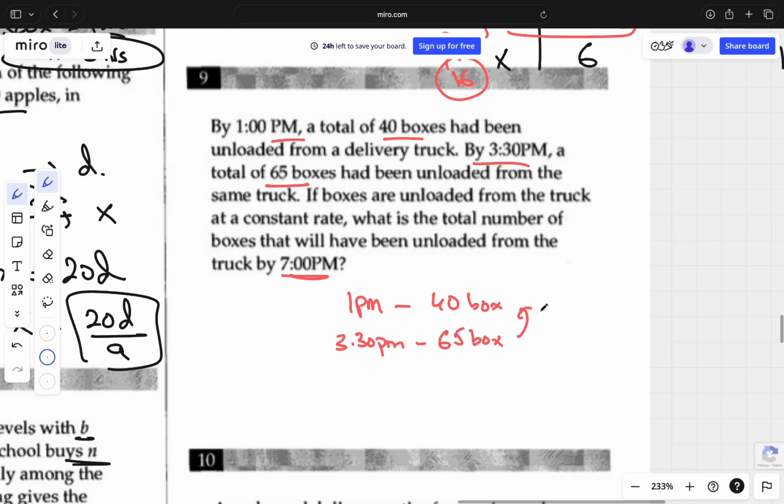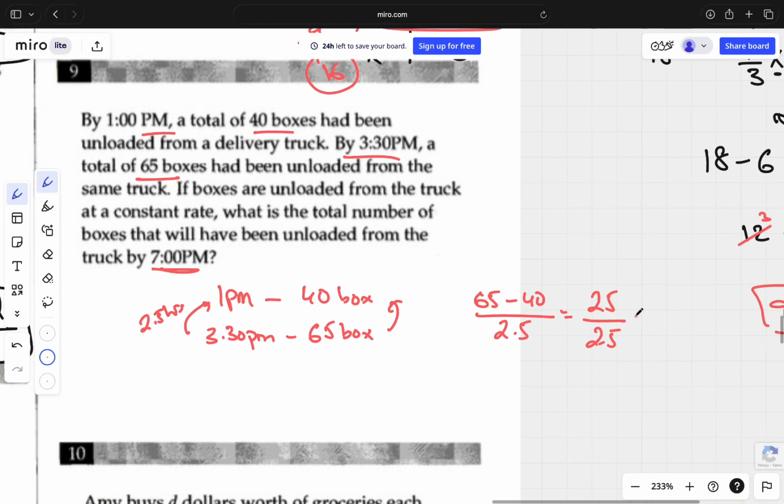So the difference is 25, so 65 minus 40, and then we have 3:30 minus 1 p.m. which is 2.5 hours. That's the difference. So this gives us 25 boxes in 2.5 hours, which means it's going to be 10 boxes per hour.